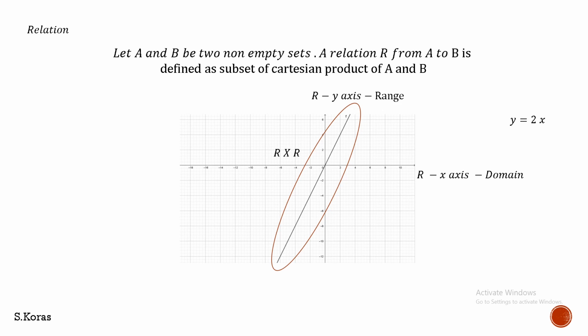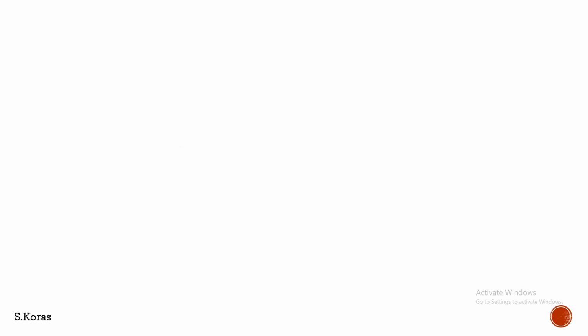For example, let me show you this example. That is R = {(2, 4), (2, 6), (2, 10), (3, 6), (5, 10)} is nothing but our relation, as we have fixed the rule A divides B, right?